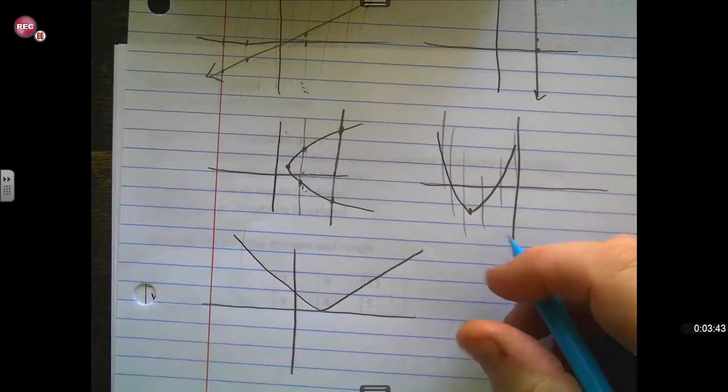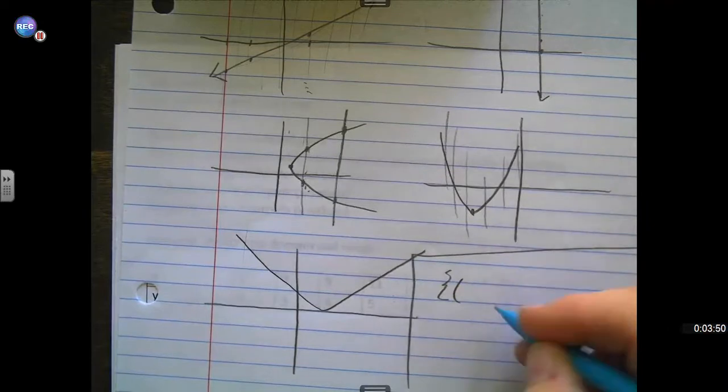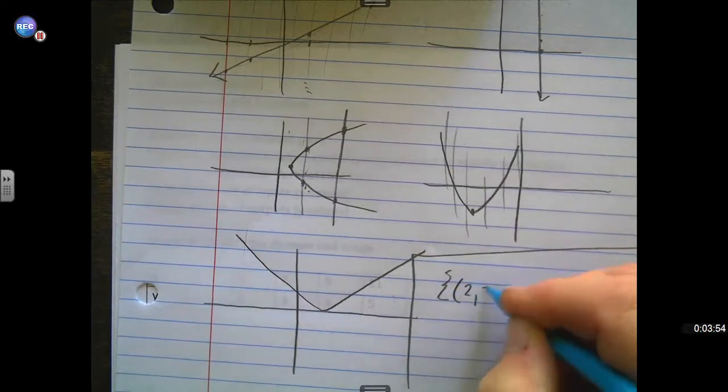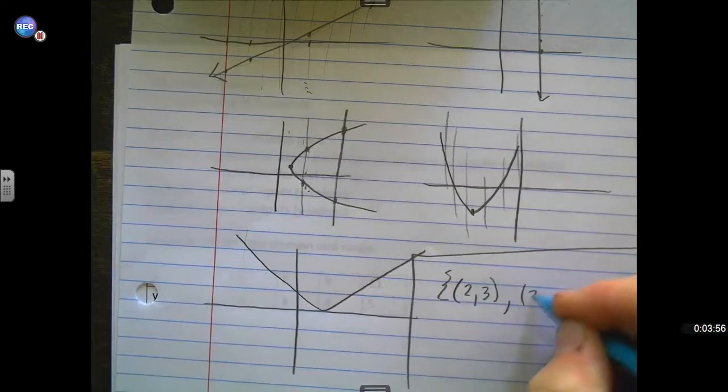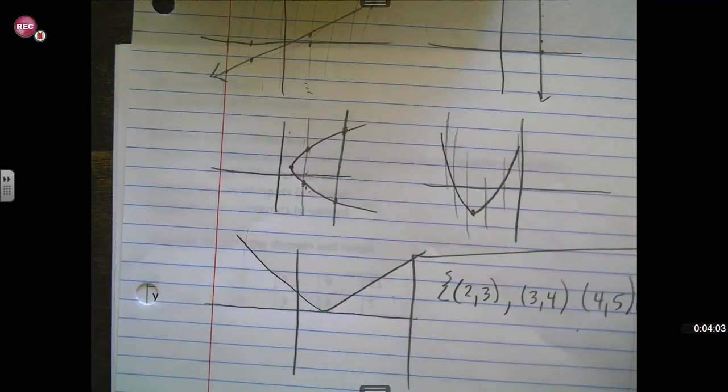If I'm looking at a set of ordered pairs, like the point 2, 3, the point 3, 4, the point 4, 5, and the point 2, 6, okay, that set of ordered pairs would not be a function, because this x value 2 has two different y values.